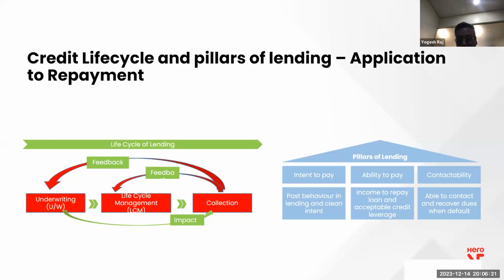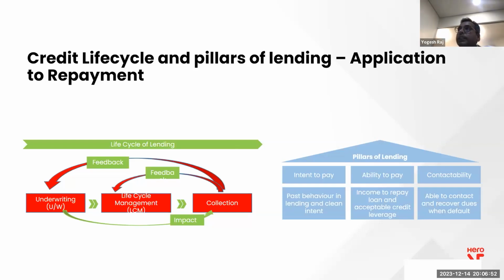Now, let's focus on the left side of the picture, where we are trying to cover the life cycle of lending. Majorly all companies follow this: underwriting, life cycle management, collection.